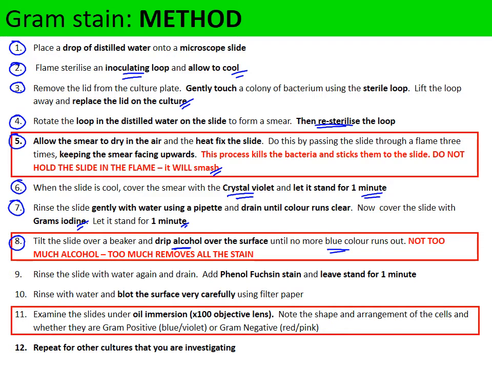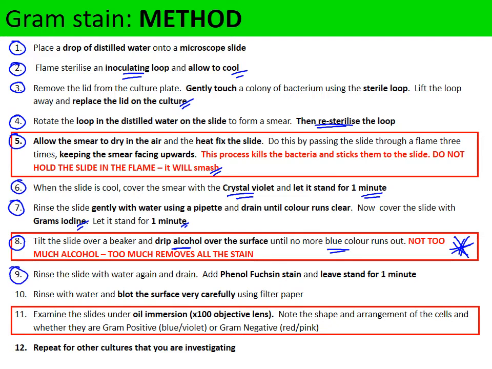Now we actually know step number 8 here is really important because this is where the crystal violet that's stuck to the thick peptidoglycan layer of gram-positive bacteria, because of the addition of Gram's iodine, will remain. And we know the loosely bound crystal violet will be washed off from gram-negative bacteria, and it will also dissolve the lipopolysaccharide membrane on the outside of the gram-negative bacteria, and therefore it will expose the thin layer of peptidoglycan underneath.